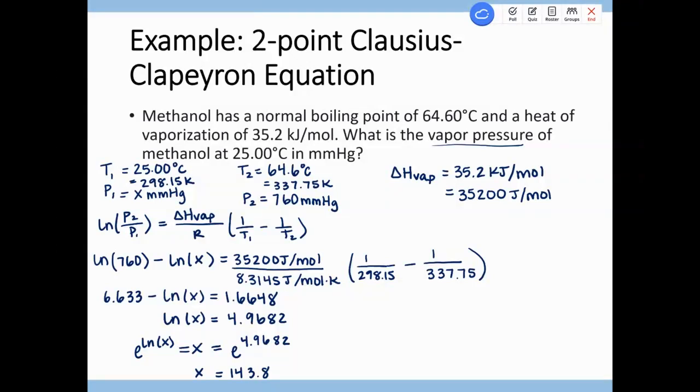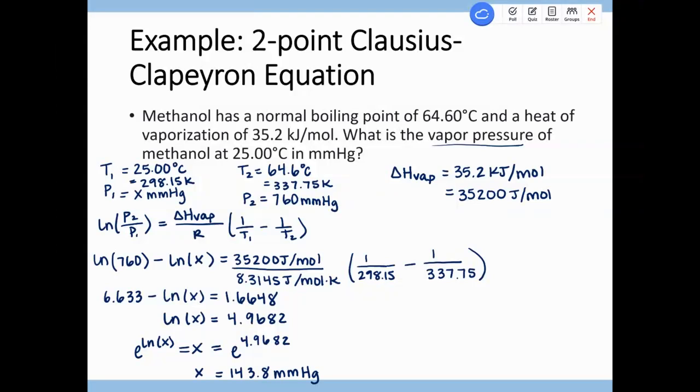What are the units here? Millimeters of mercury. Yeah, this is a rather complicated equation. It's still helpful to keep in your units if you have sufficient space. But anytime you complete a problem like this, you have to report your units. So x is 143.8. We're looking for pressure in units of millimeters of mercury. We used millimeters of mercury for P2, so we have the same unit for P1.